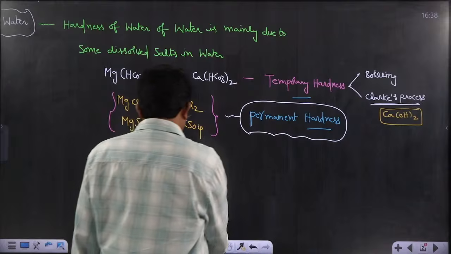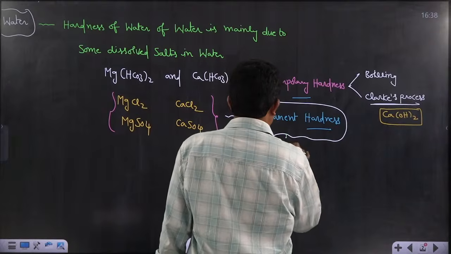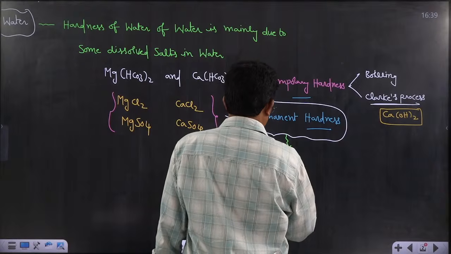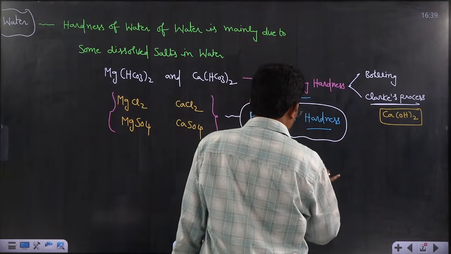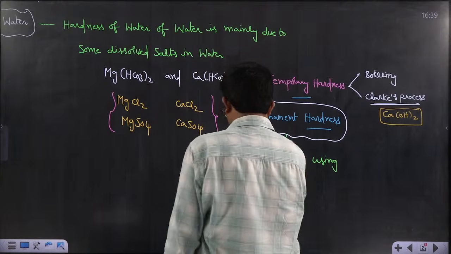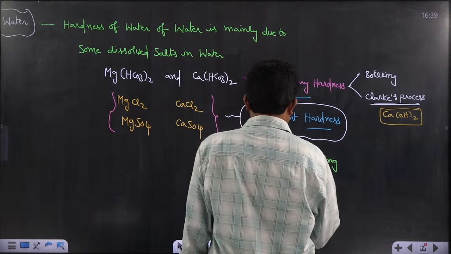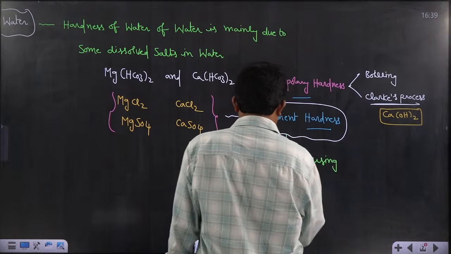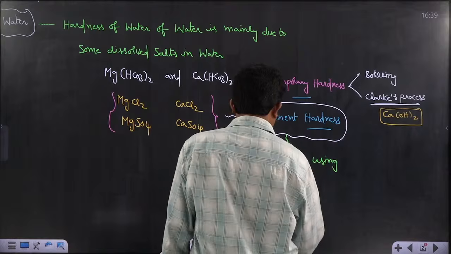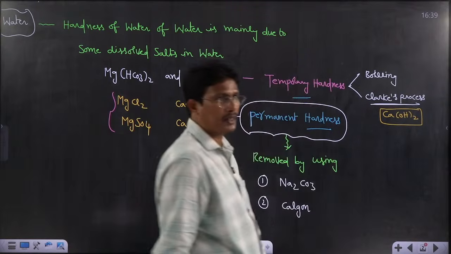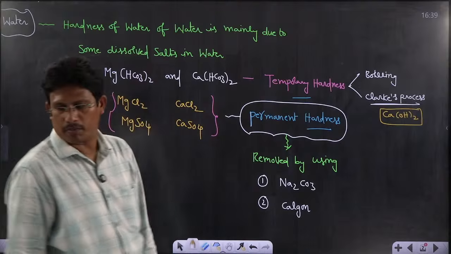Permanent hardness is removed by using different methods. Washing soda, first one sodium carbonate, and next one Calgon. Calgon is also a complex salt containing sodium.